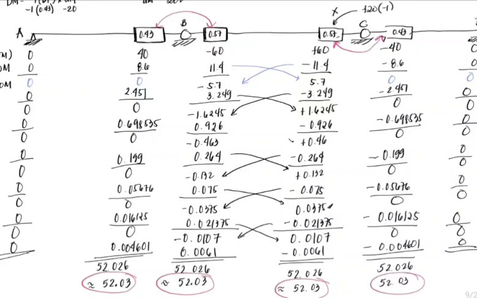Kapag ang isa ay 52.1 at yung isa naman ay 52.0, nako may mali na po sa inyo. Dapat po parehas na parehas yung sagot ninyo dyan or yung solution nyo or yung value nyo.